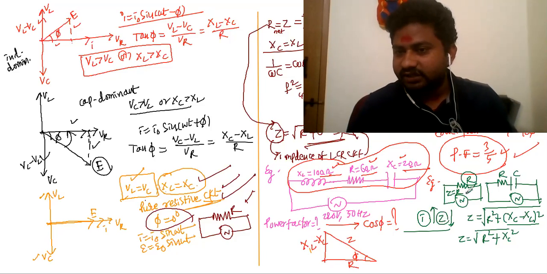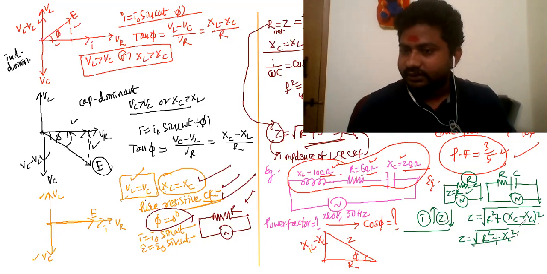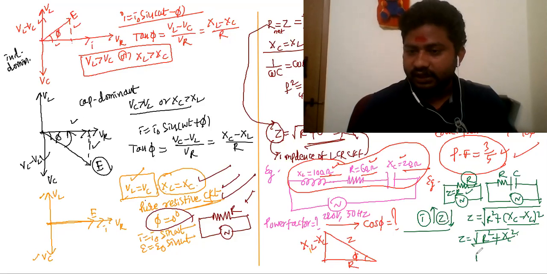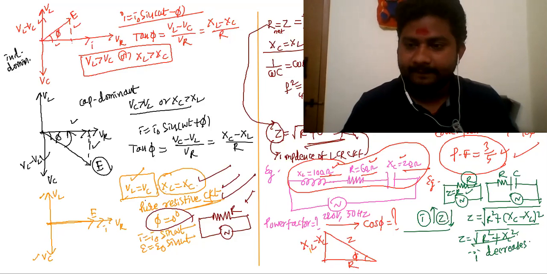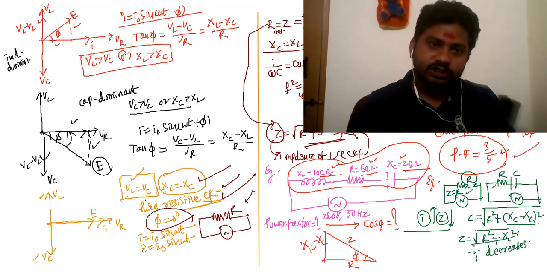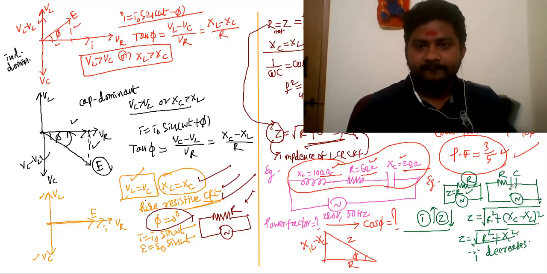Initially Z is just R. Now the Z value has increased. When Z increases, the current value will definitely decrease. Understand? Clear? Like this, the questions will be asked. Are you ready to solve one more question? Let's solve one more question.